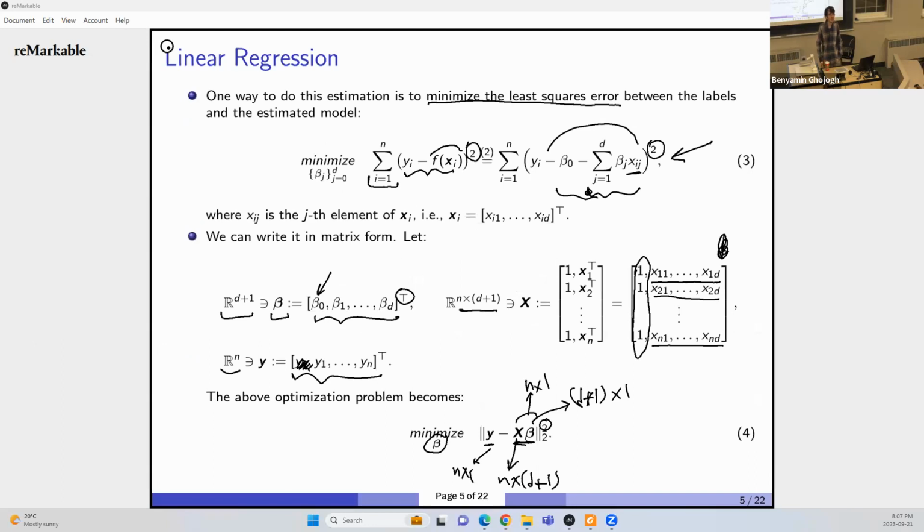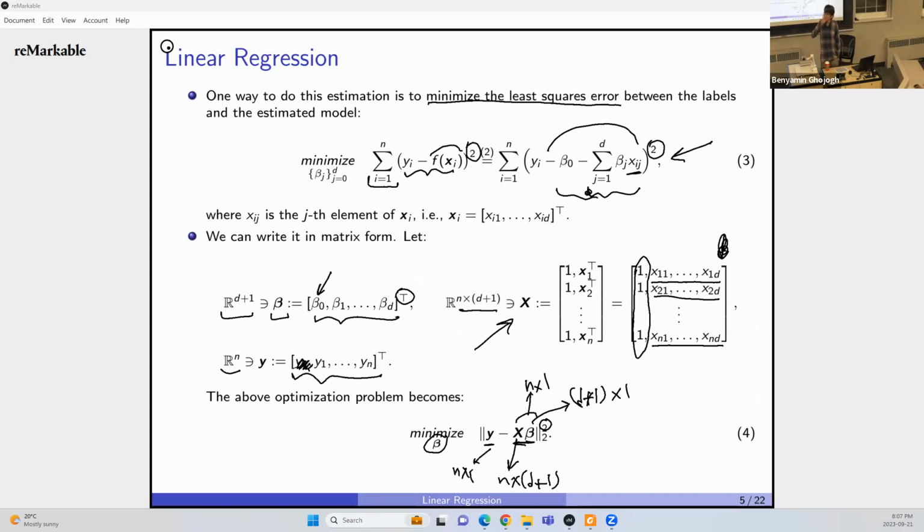I have to prepare the test data set exactly the same way that I prepared the train data set. How did I prepare the train data set? I put them row-wise and put 1 at the start for bias, so it became n rows and d plus 1 columns.